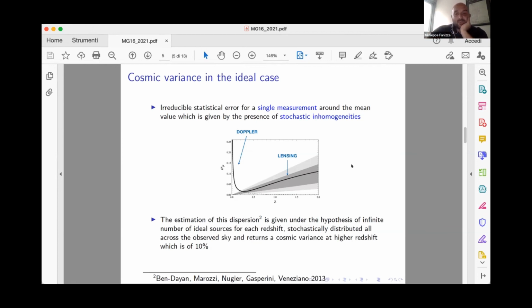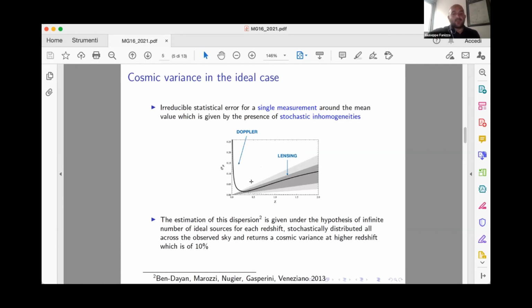It has been shown from the theoretical viewpoint that for a single source, measured from a single observed source, there is a variance which can be associated to a single data point in the estimation of the luminosity distance redshift relation, and this variance varies with redshift as shown in this plot here, and is basically dominated by two essential relativistic effects. At very small redshift, we can see that the variance is highly dominated by the presence of the Doppler motion of the sources with respect to our rest frame.